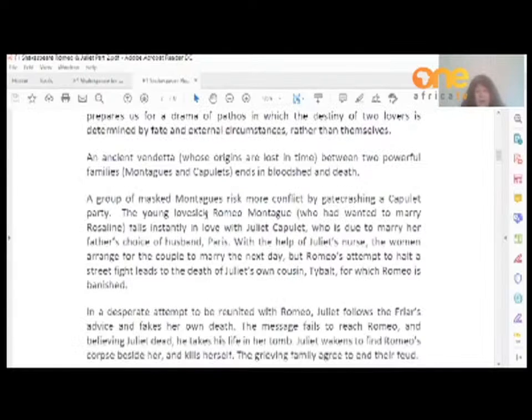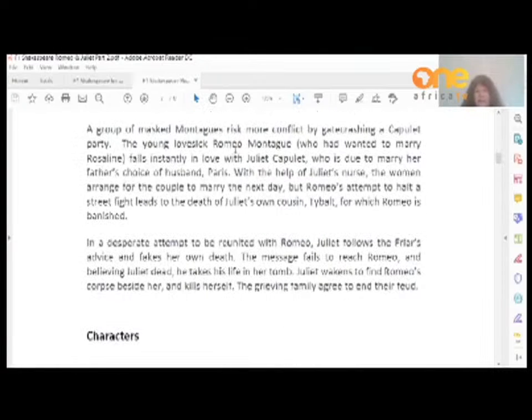Anyway, to continue with the plot, a group of masked Montagues risk more conflict by gate crashing a Capulet party. They shouldn't be gate crashing, should they? The young, lovesick Romeo, who had originally wanted to marry a girl called Rosaline, falls instantly in love with Juliet.